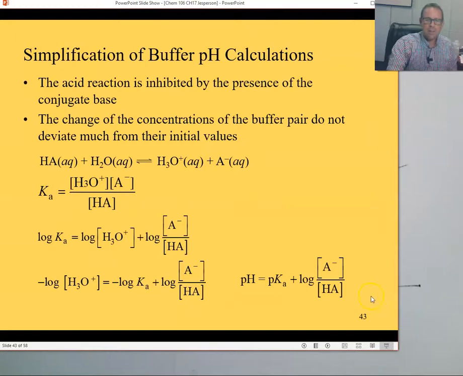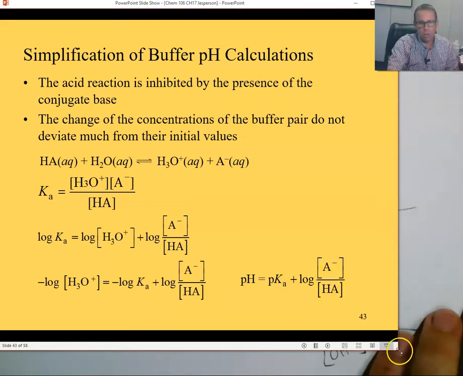This equation here will generally be provided for you. pH equals pKa plus log of, again, A minus, the dissociated form, over HA, the associated form. And just a reminder here of how logs work.